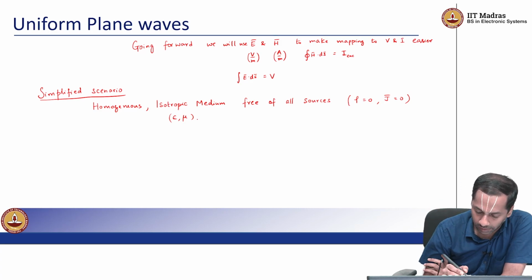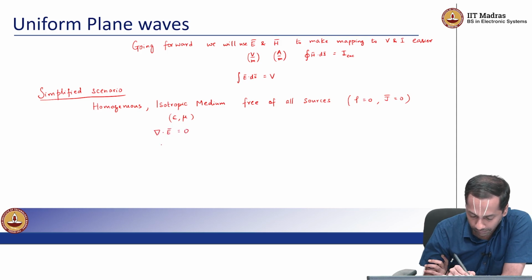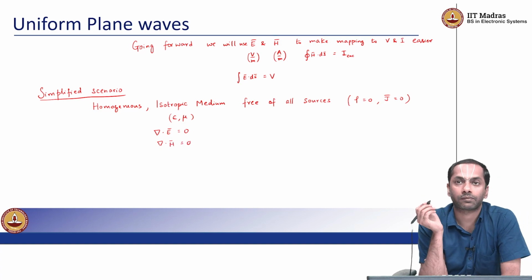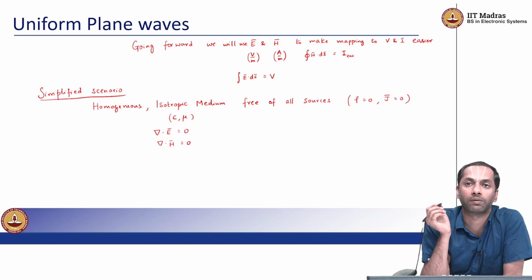So, because rho is 0, our Gauss's law readily simplifies to the form that we have for magnetic fields as well, right. So, both del dot E and del dot H is 0.